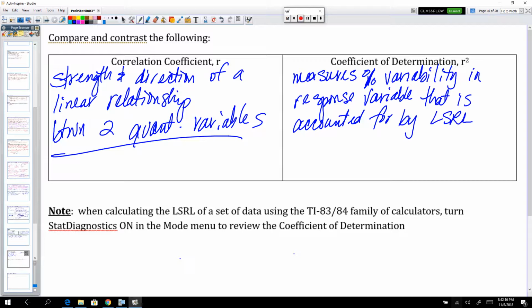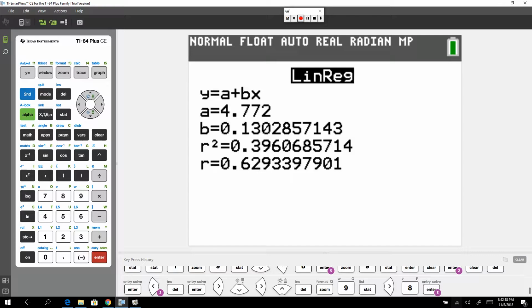So basically we're saying if your calculator spits out an r squared, this is for the soybean example, an r squared, once we took the soybean out, it said the line of best fit had a 0.396 variability accounted for it. That's not a lot, okay? The r squared variable is going to be between 0 and 1, and a 0.396 is pretty low.